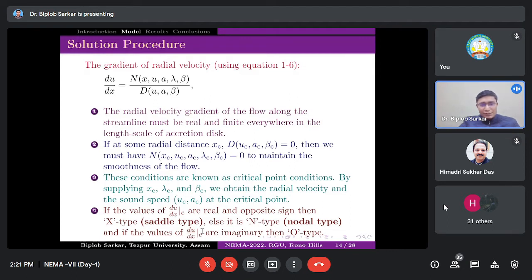Whereas if the du dx values at the critical point are imaginary, then we get an O type critical point. Now in accretion flow, the saddle type sonic points are highly important because the accreting matter passes through saddle type sonic points only.